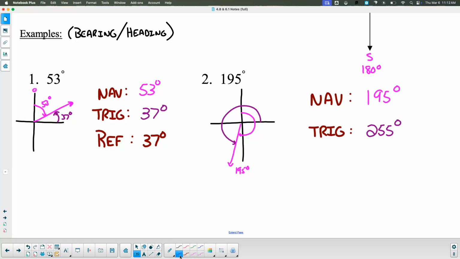What was that? Well, I knew that this angle in here was 15 degrees. So 270 is straight down on the unit circle. So I did 270 minus 15. I don't know if that's how you did it or not. That's what I did.